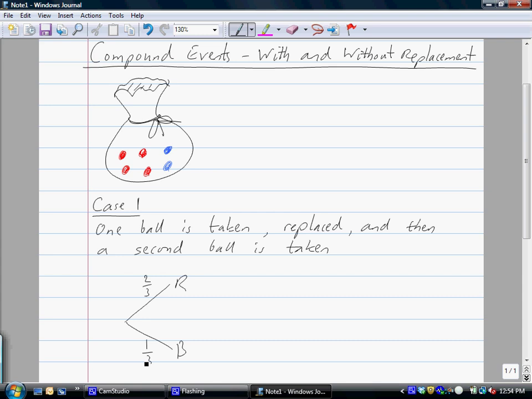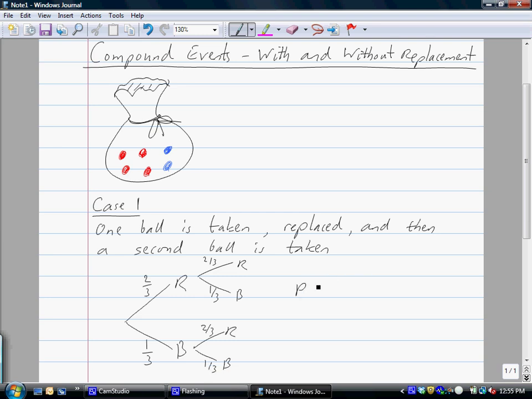Okay. Right, now if I take out one of these balls at random and then put it back, the second time I take out a ball, the probabilities are exactly the same. The situation is the same. So these are independent events. So I get the same probabilities. Oops, should be 2/3. Okay, 2/3, and this is 1/3, and again 2/3 and 1/3.